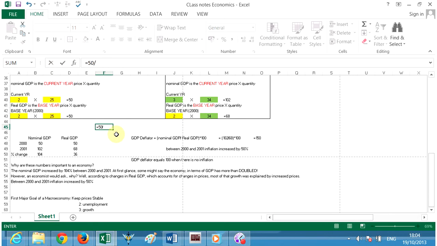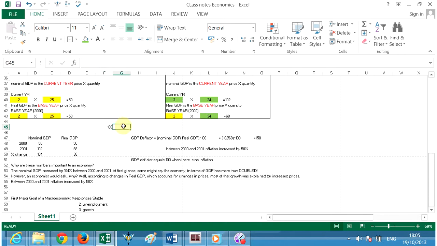Prices do not have the chance to increase. I get 50 divided by 50 times 100 to get the percentage, and what I'm left with is 100. Surprise, surprise. That means that the quantity and price were 100.